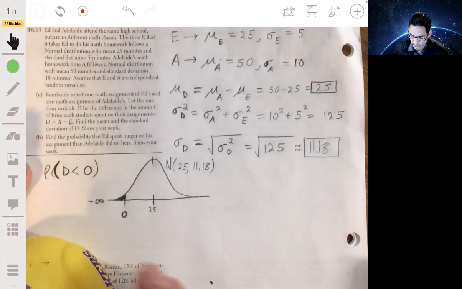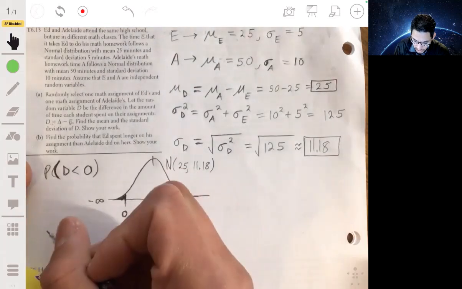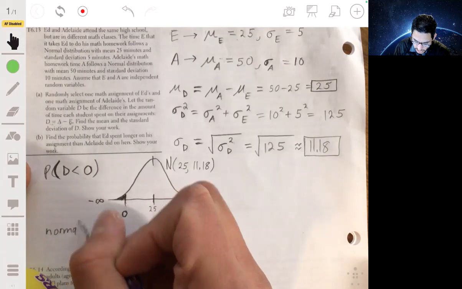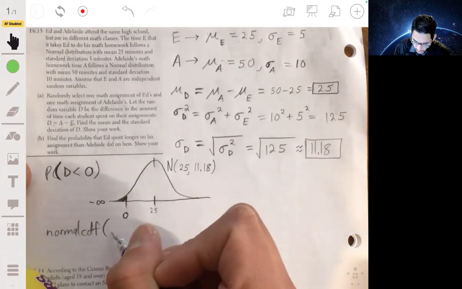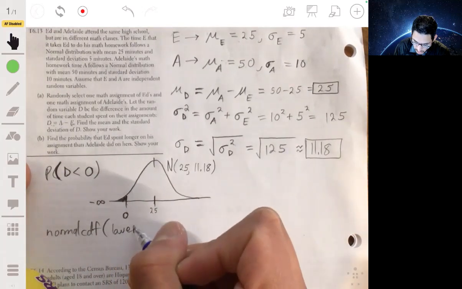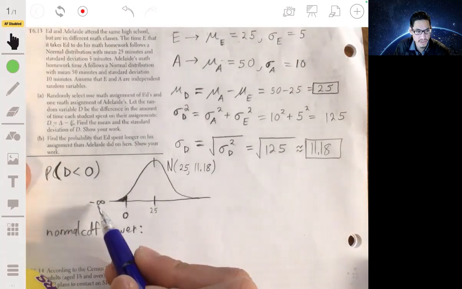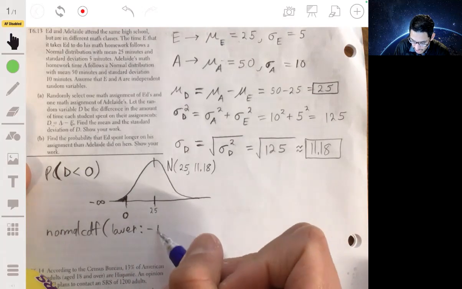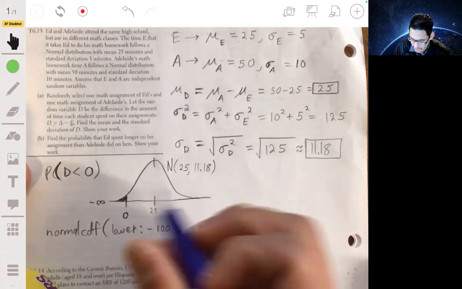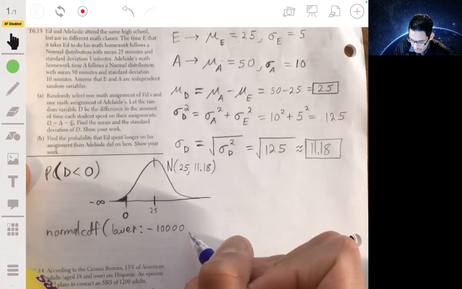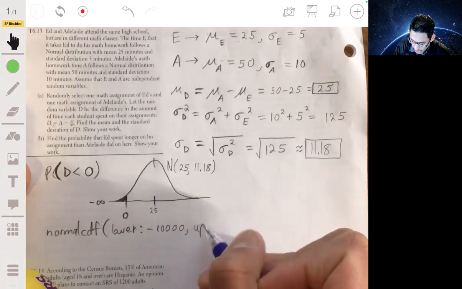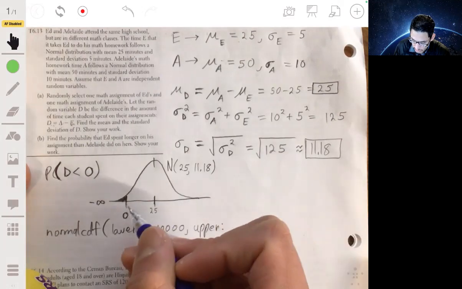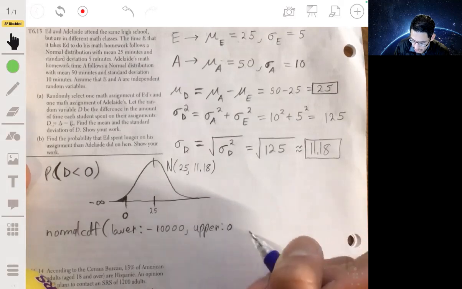The lower bound is the farthest number to the left. We can't enter negative infinity, so we'll just say negative 10,000, followed by the upper bound, which will be 0.